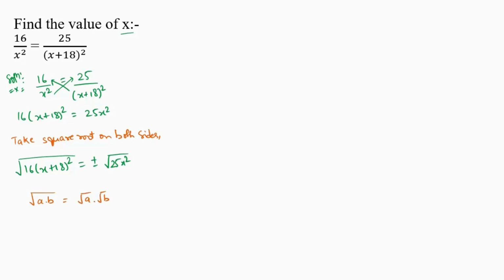So our equation will become under root 16 times under root (x + 18) whole square equals plus minus under root 25 times under root x square.